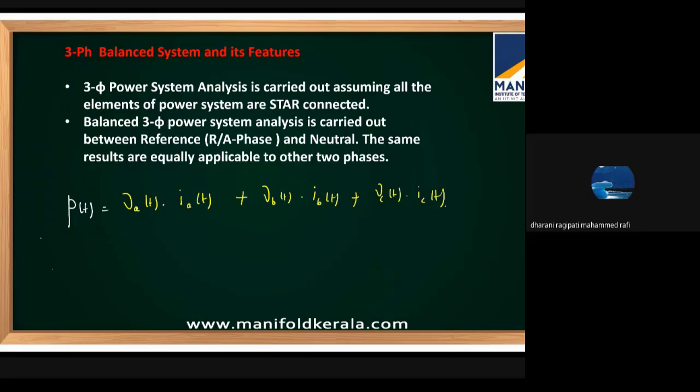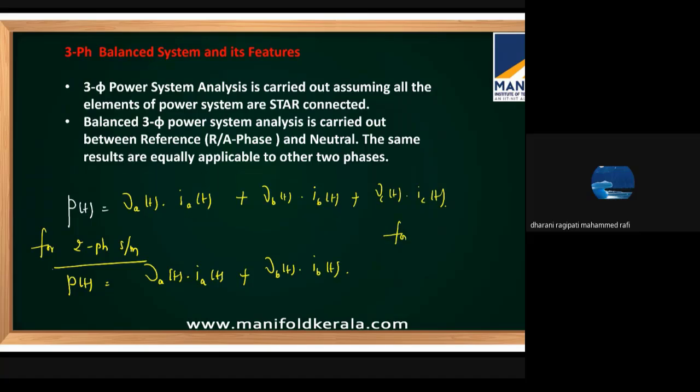Suppose it is a two-phase system, what is the instantaneous power? Let us assume there are only two phases, VA and VB, then it would become VA of t into IA of t plus VB of t into IB of t.